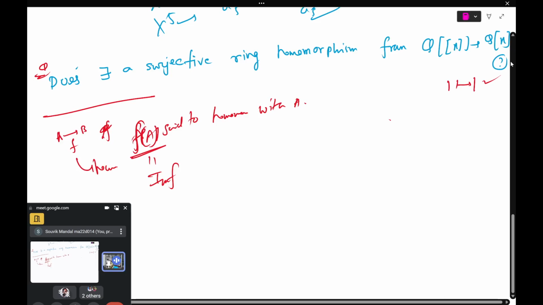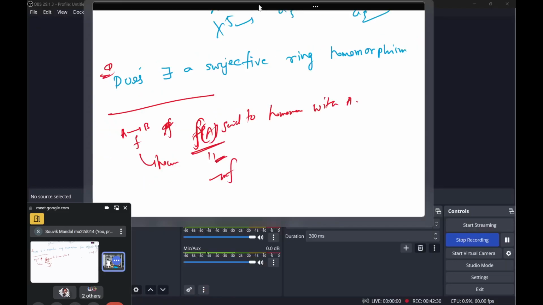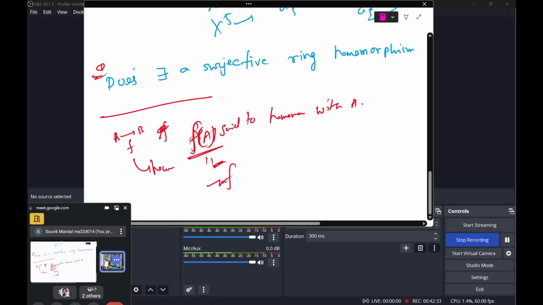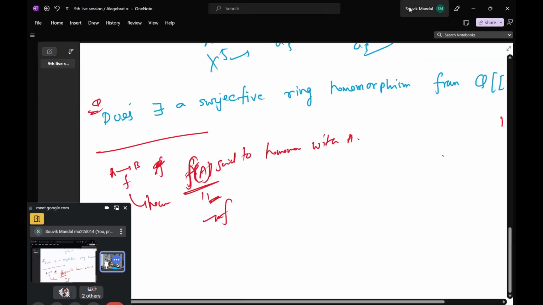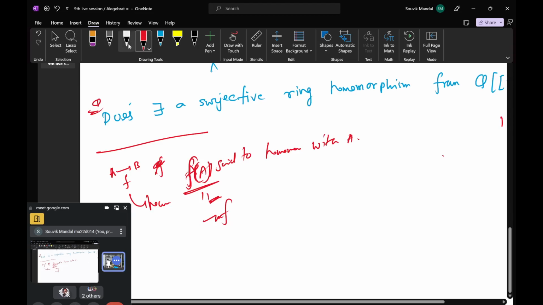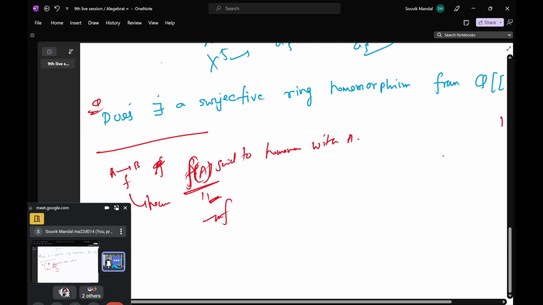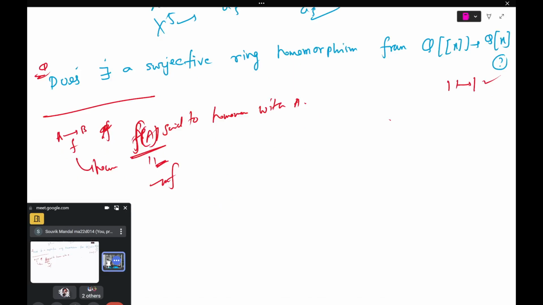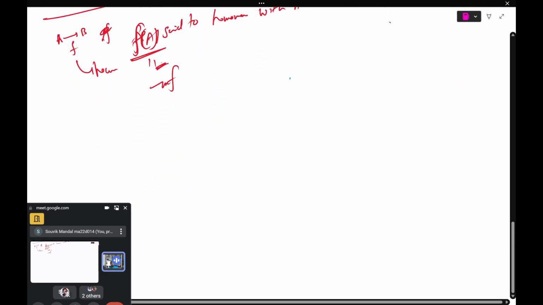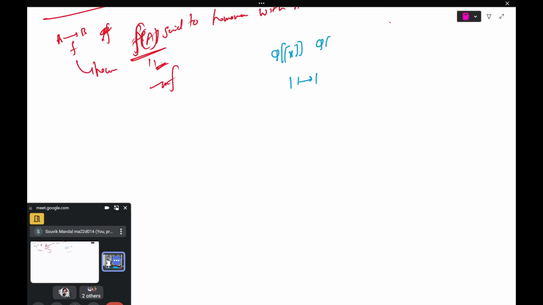Okay, so the idea is as follows. First of all, one goes to one. And since one goes to one, all n go to n for all n belonging to the integers.